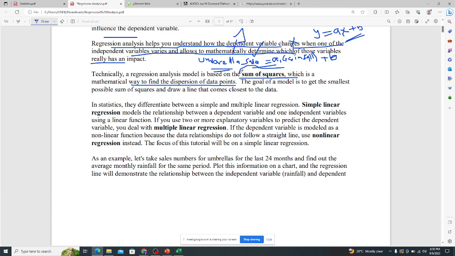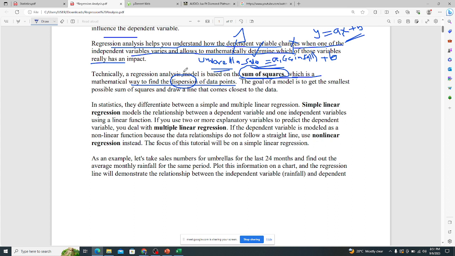We tackled the sum of squares when we were dealing with variance and standard deviation. It is a mathematical way to find the dispersion of data points.